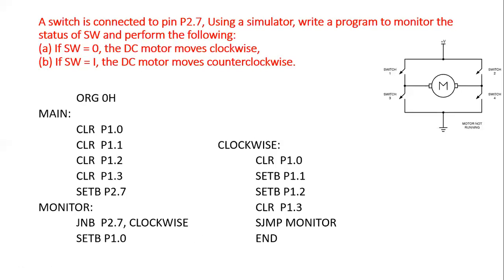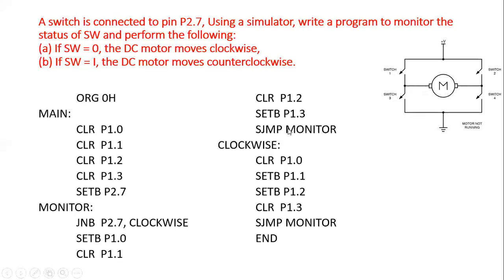So P1.0 is closed, P1.1 is off, P1.2 is off, and P1.3 is on. When you do it like this, the motor will get the necessary polarities and it will rotate in anti-clockwise direction.